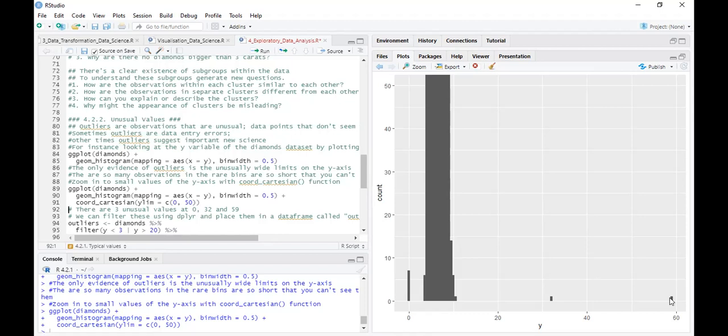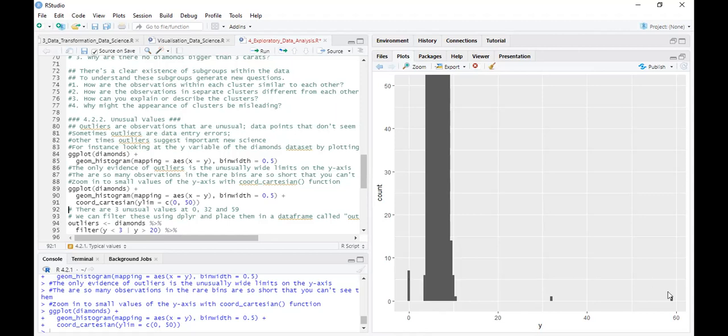And these points seem a little unusual because it's not possible, they said the width should be up to 58.9. It's not possible for the width to be a 0, because otherwise that's a non-existent diamond. So the way in which they were categorizing the variable y was incorrect by saying from 0.